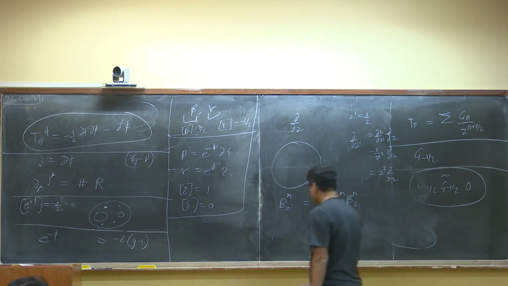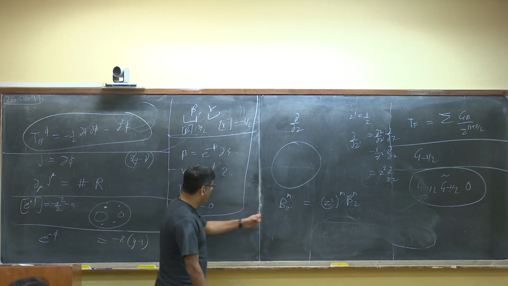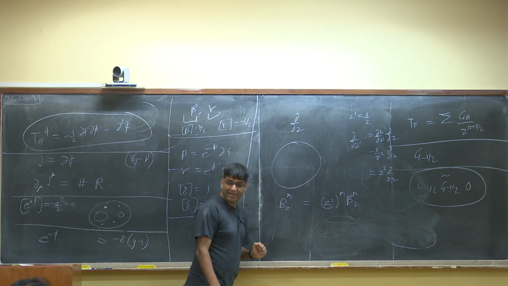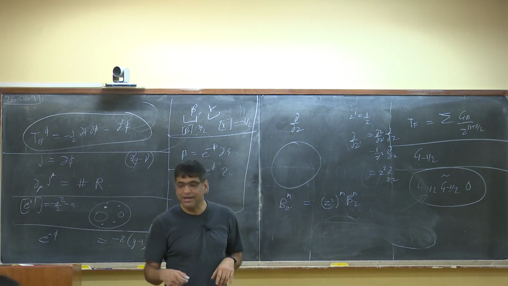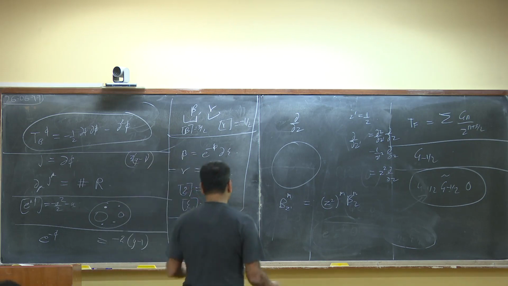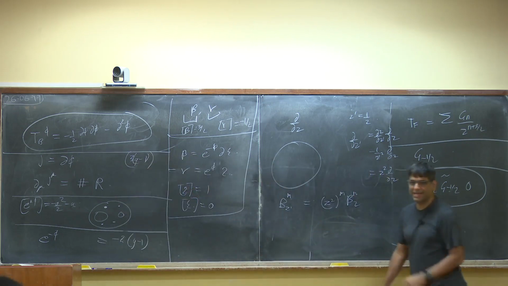Okay? So now if we've got a field of weight m, we want to see what possible zero modes there can be.